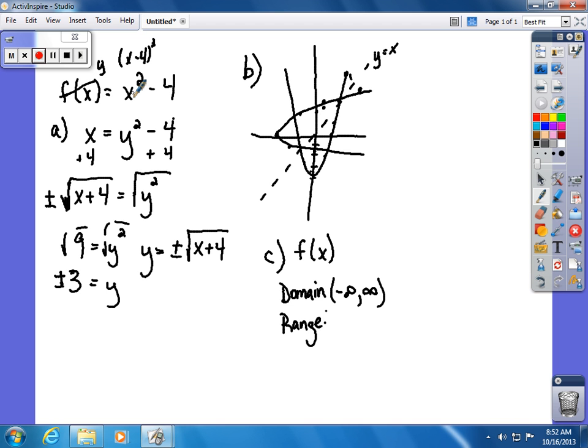So if we plug in x equals 0, 0 squared minus 4, that's a totally valid answer. We'll see in a minute that it's possible to get things that aren't valid.